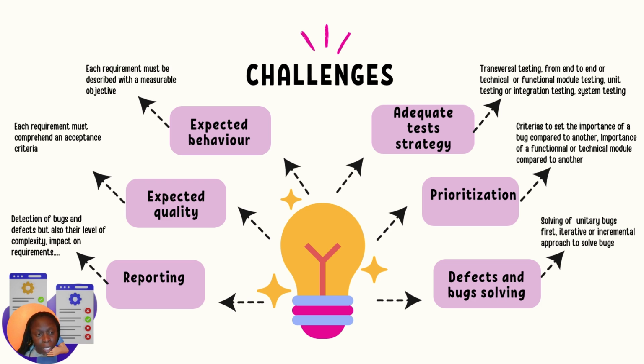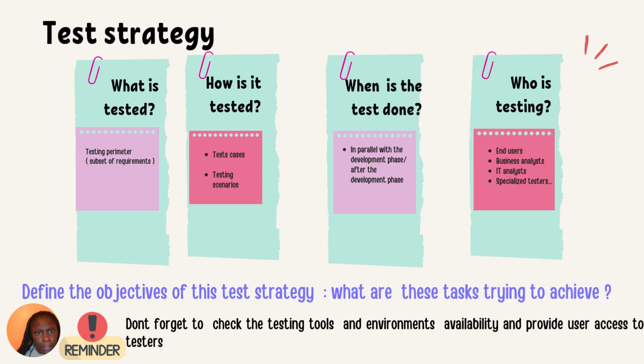So these are the challenges that you can face while testing. You have to define a test strategy. What is a test strategy? The test strategy defines what is tested, how it is tested, also when the test is done and who is testing.